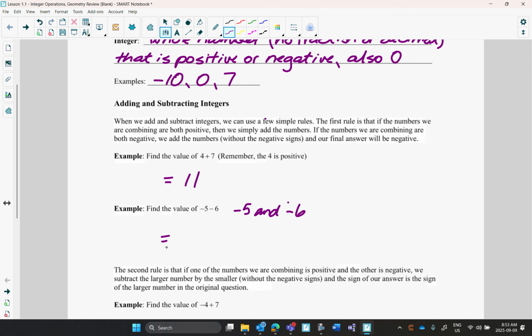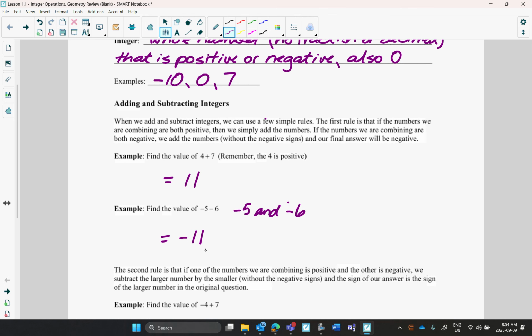When we add 2 negatives, the answer is negative, and then we just add the numbers. Or think of it like a thermometer: you're at -5, and you go down another 6, so you're going further into the negatives. Negatives are kind of opposite world: the bigger the number that has a negative, the smaller it is. Like -100 is much smaller than -1.